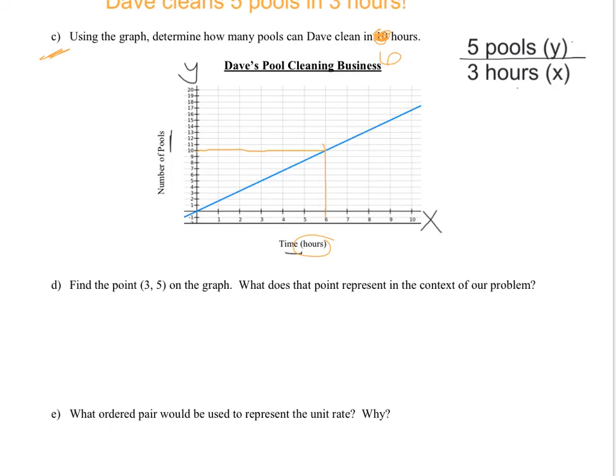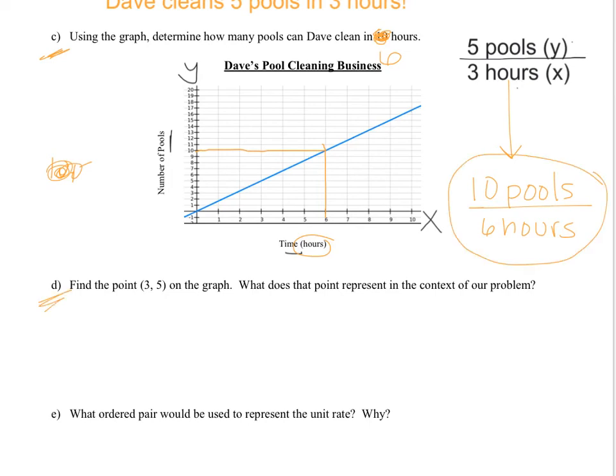And it's 10 pools, okay? So he can clean 10 pools. Let's try it over here. 10 pools in 6 hours, okay? And if you look at those two ratios, they're equivalent, aren't they? Okay, so in 6 hours, he can clean 10 pools.